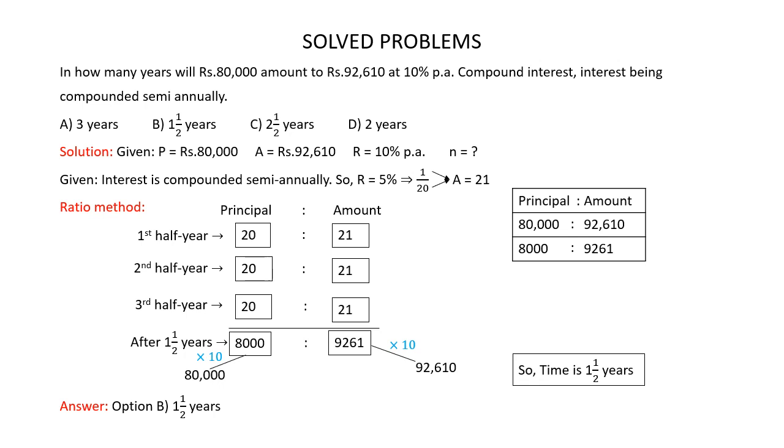So the principal of rupees 80,000 will become rupees 92,610 at 10% per annum compound interest, the interest being compounded semi-annually, in 1.5 years. So time is 1.5 years. The correct answer is option B, 1.5 years.